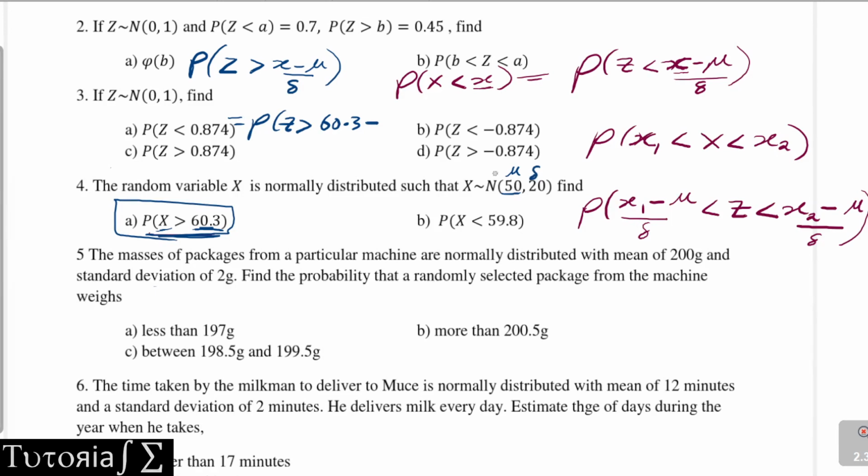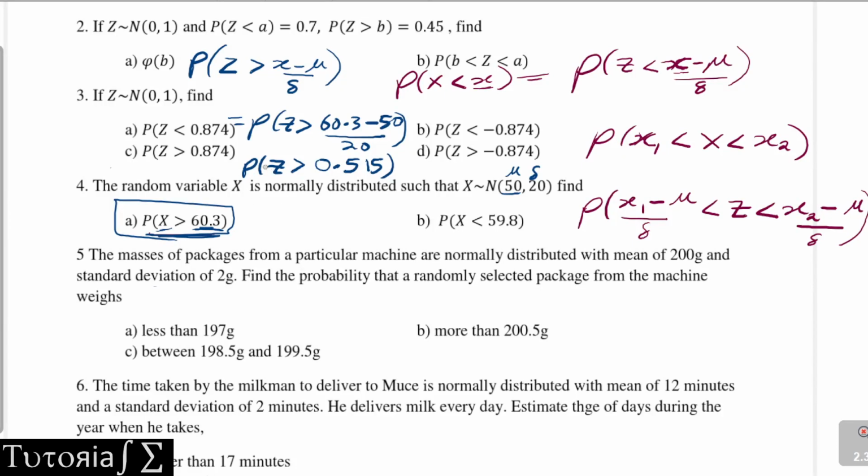So the mean is 50, all over the standard deviation, which is 20. Simplifying that, you're going to get the probability of z greater than 0.51.